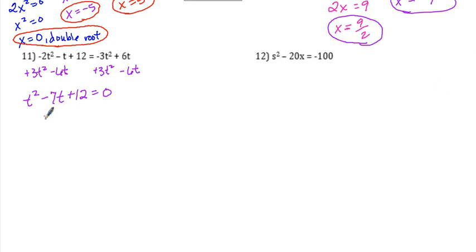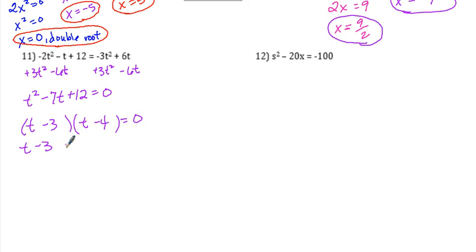We're faced with a quadratic here. We don't have an even in the middle, so I'm not advising to go with completing the square. Can we find numbers that multiply to 12 and add to negative 7? Yeah, we absolutely can, right? T minus 3 and t minus 4 will get us to a positive 12 multiplying and a negative 7 adding.